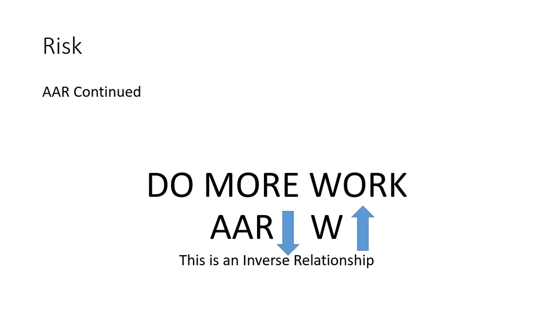We want to lower that risk. We want to lower AAR. And if we lower AAR, it means we have more work to do. So the relationship between AAR and work is an inverse relationship.